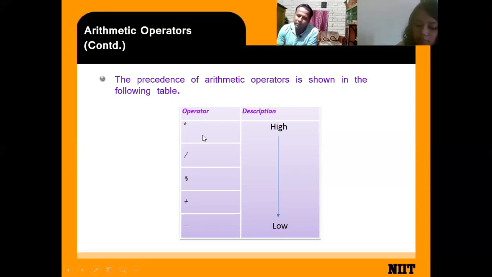When you have all the operators in one statement, first is multiplication, second is division, third is modulo, fourth is plus, then minus.